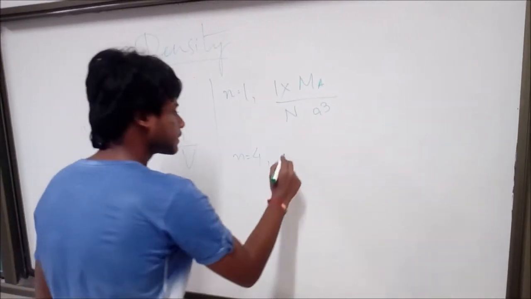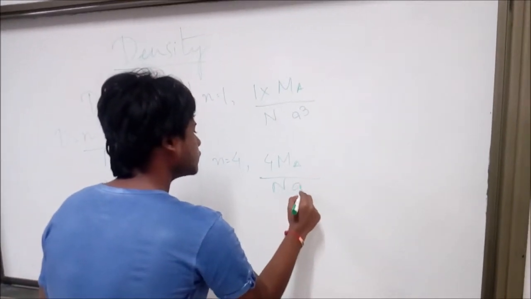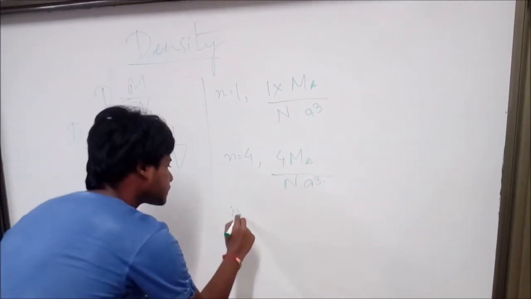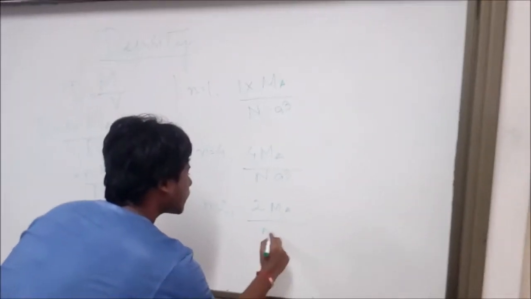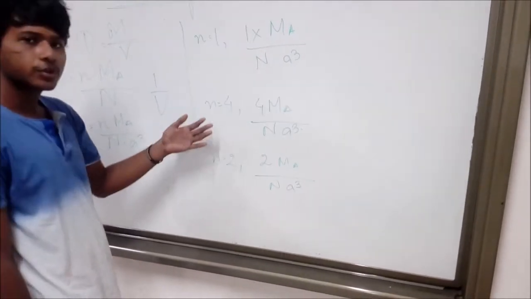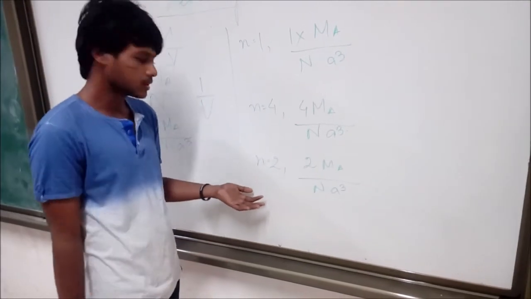So the formula comes like 4M by N into A cube. And for BCC, the value of N is equal to 2. So the formula comes to 2 into M by N A cube. These 3 respective formulas, if used in the problems, can give specific answers to the questions.